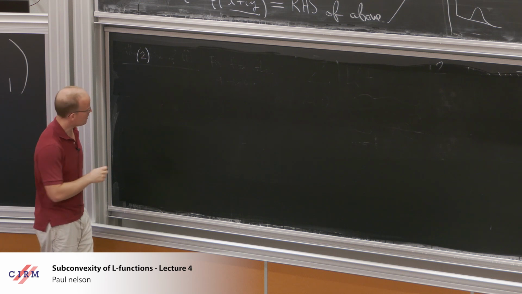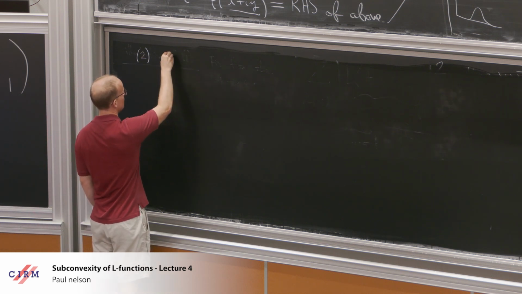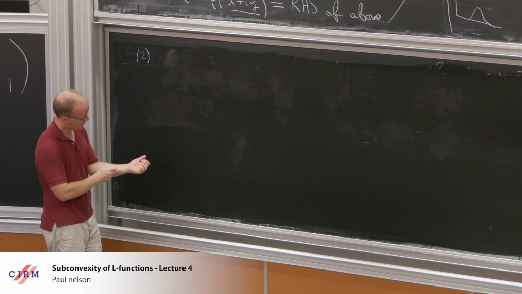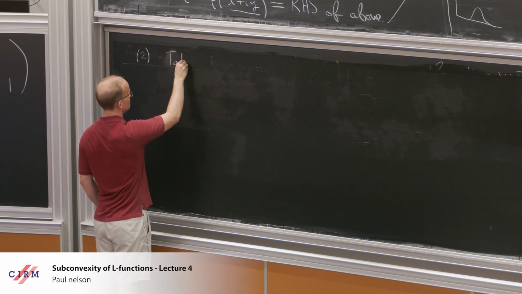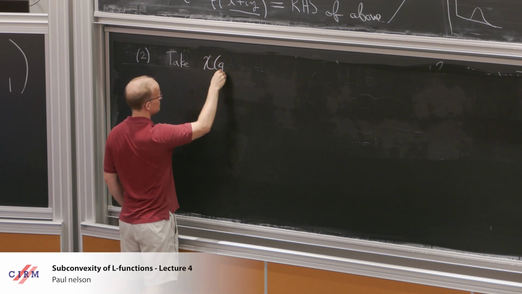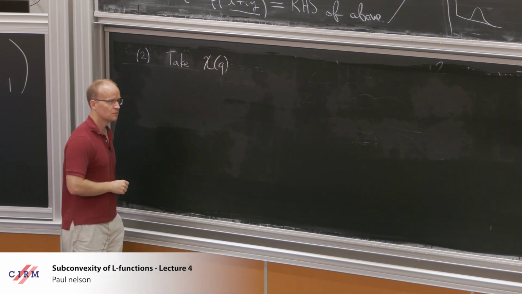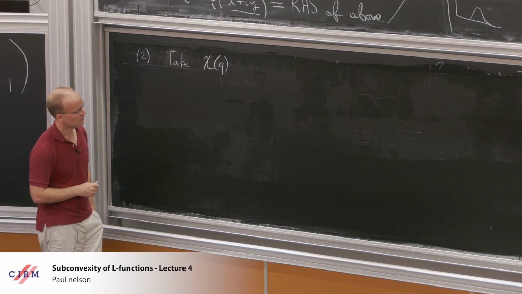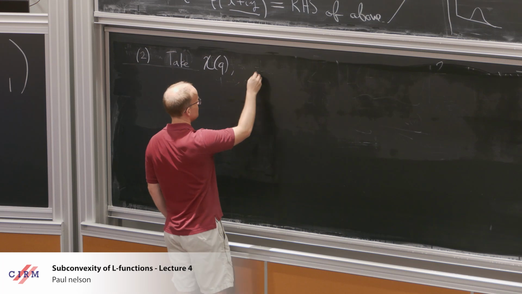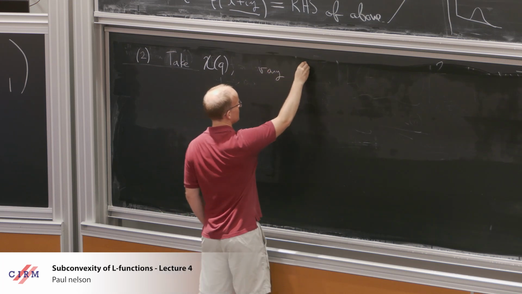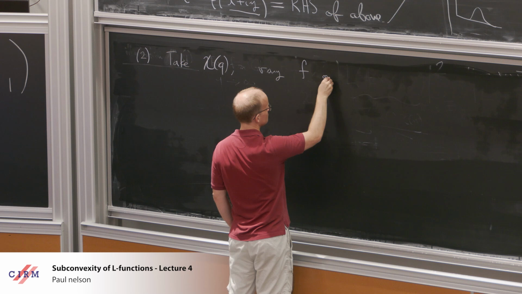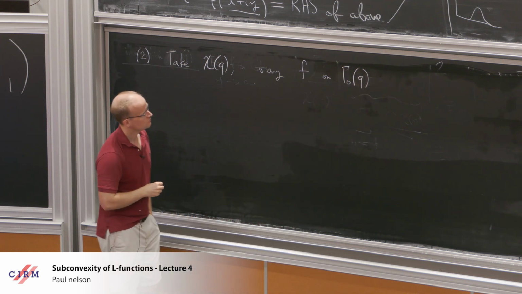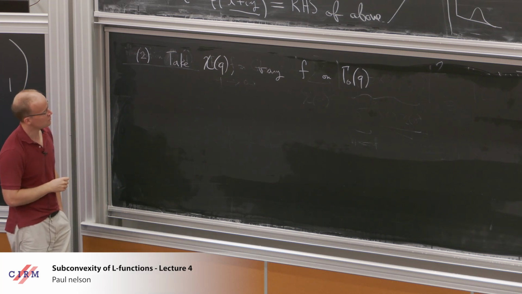So with 2, the problem was to take an individual chi modulo q, and vary f on something like gamma naught of q.